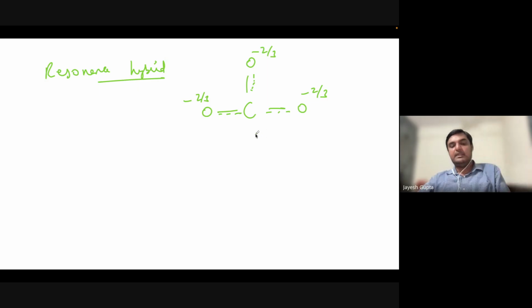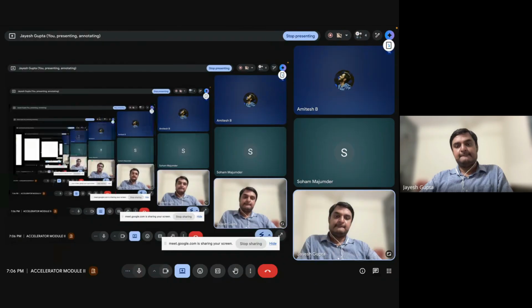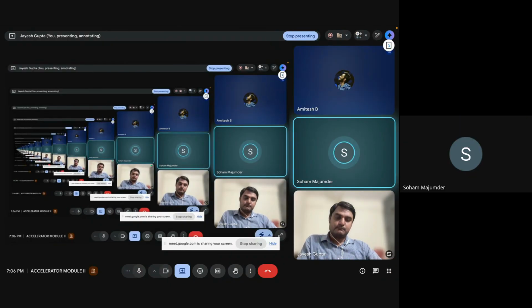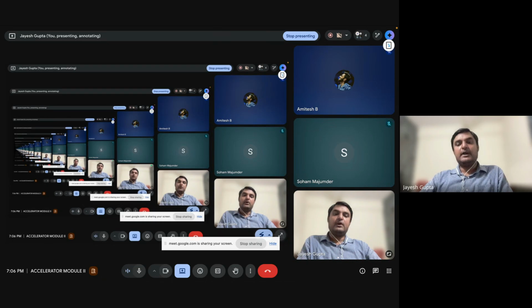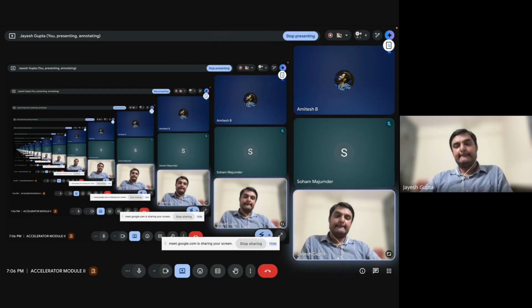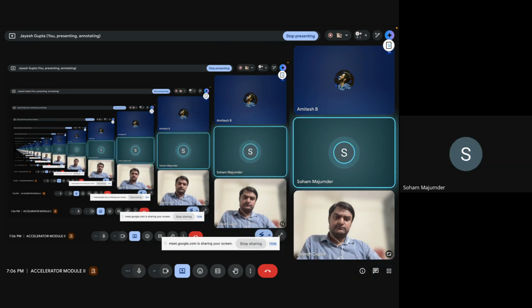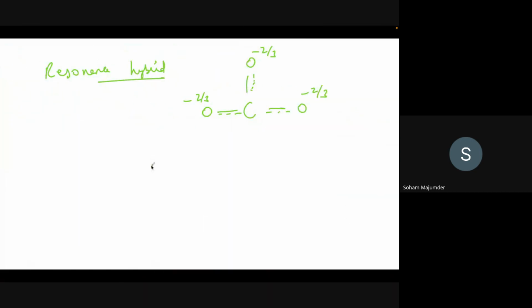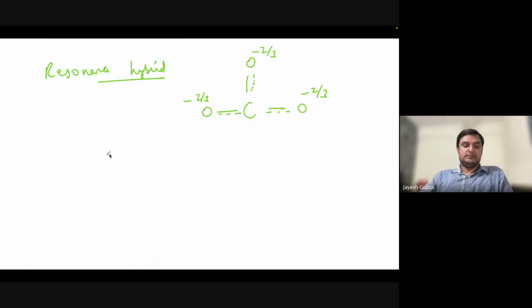Can you tell me what will be the relation between bond order and bond strength? More bond order, more bond strength. And bond order and bond length? More bond order, less bond length. Okay, very good. So this is an important concept.